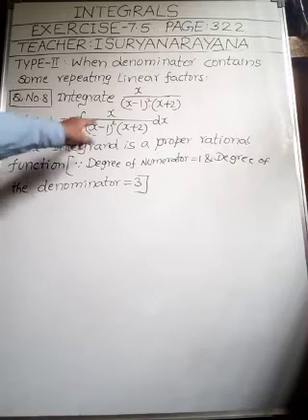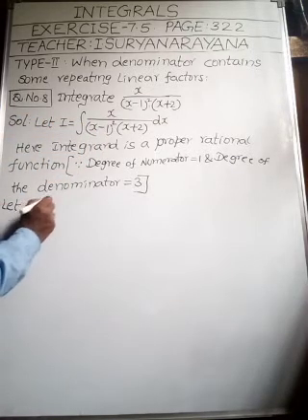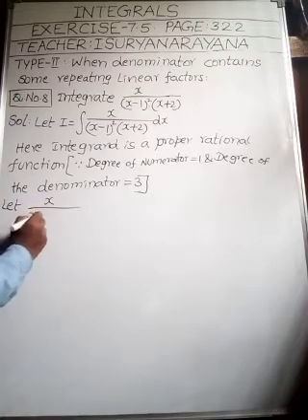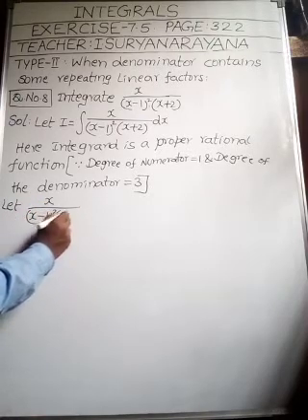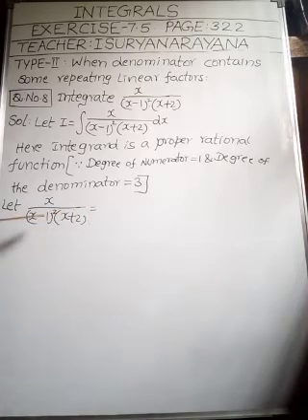So here, if you observe the denominator, x by x minus 1 whole square into x plus 2, it is a repeated linear factor. X minus 1 is actually a linear factor, but whole square is there. Whole square, whole cube, like this, it is called a repeated factor. So x minus 1 is repeated 2 times.